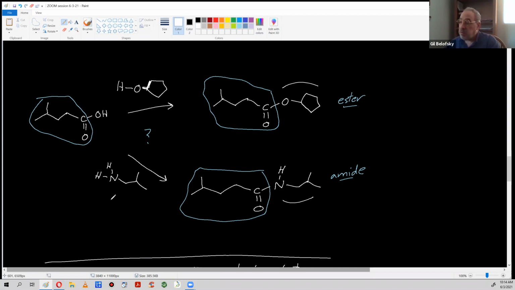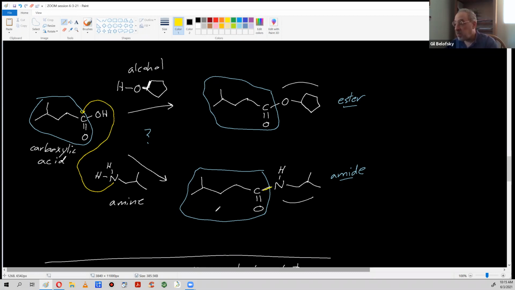And there's our amine part, amine, alcohol, carboxylic acid. And clearly, once again, same key bond forming step initially with the nitrogen forming a bond there, which is the amide bond.